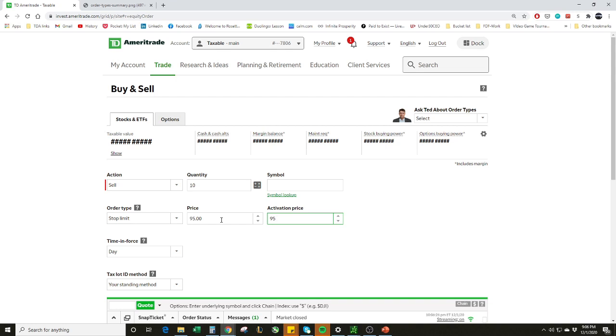Now, the reason I mentioned you should get out if you enter these two numbers the same is if a falling market or a fast-moving market is occurring, and we enter 95 to activate this order, and then let's say it immediately jumps to 94.75. Well, is 94.75 less than 95? Yes. So that is below our price. That's the worst fill.